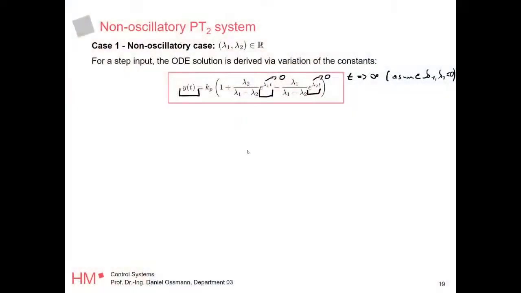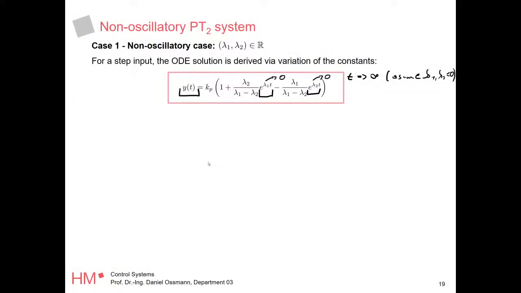So the output has more lag, depending on our lambdas, but this is the plain simple expression of what a non-oscillating PT2 system is. It's just a series connection of PT1 systems. It takes your input signal and lags it twice.